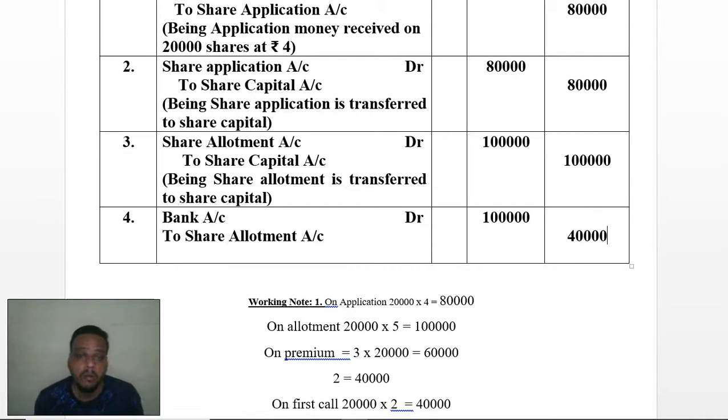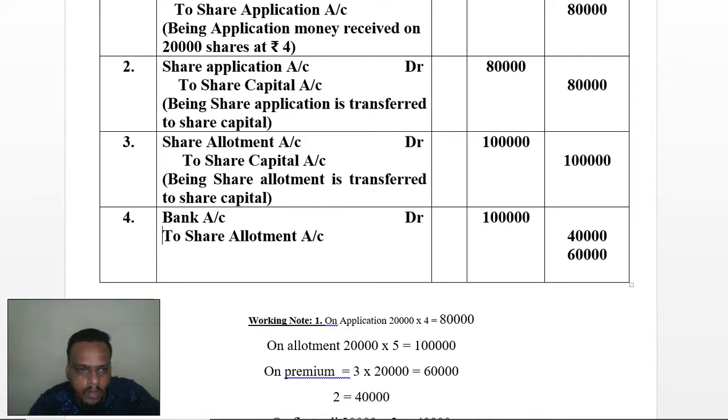The rest amount is your premium, so the next part you have to write is 60,000 of premium. Out of that 1 lakh, your share face value of rupees 2 is received as 40,000.